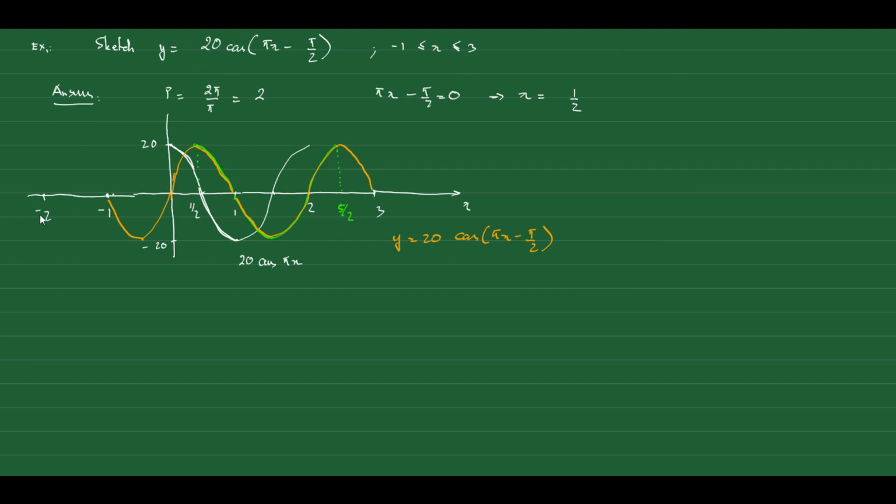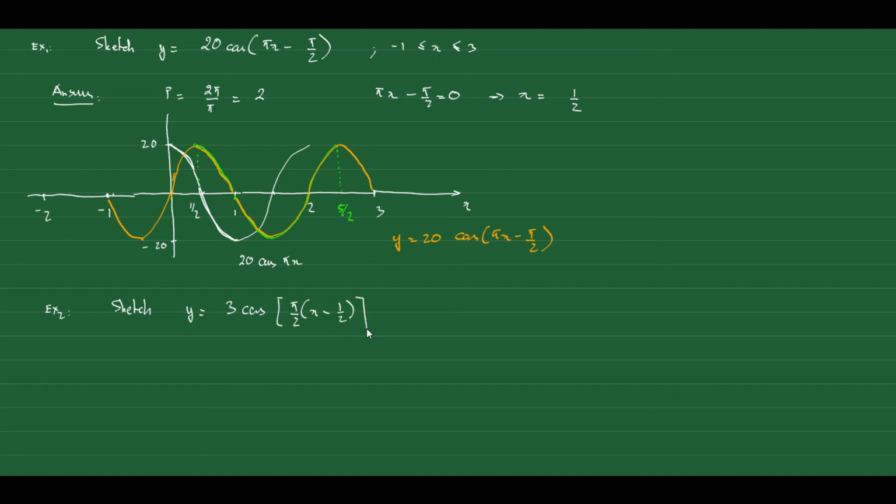Now that's the first example. In the second example, I want you to go ahead and do it yourself. Try to mimic and do it yourself. So you have 3 cosine of pi over 2 x minus 1 over 2.